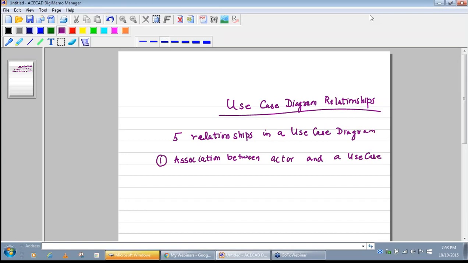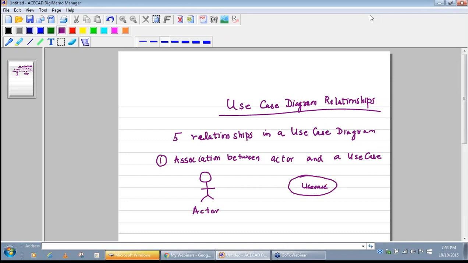You are aware that the notation of actor in a use case diagram is that of a stickman, and the notation of a use case is that of an ellipse. The name of the use case is written inside. And the first relationship is the association relationship.